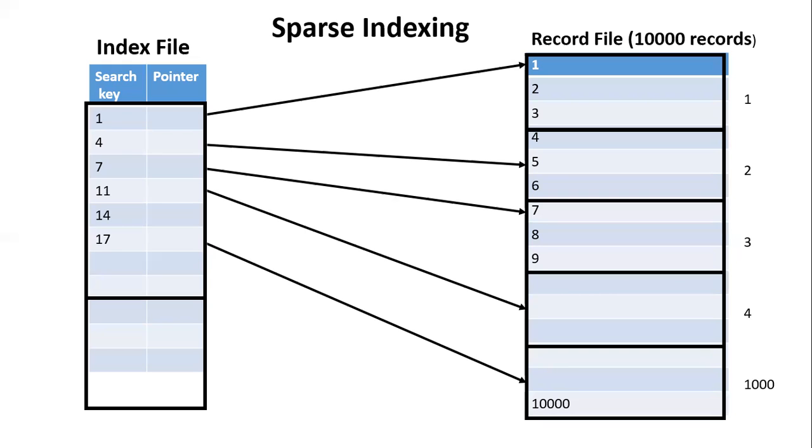So here a match is performed. The value is matched now, and our desired record is found, and we can get that record from the block. Okay, so this is how sparse indexing works.